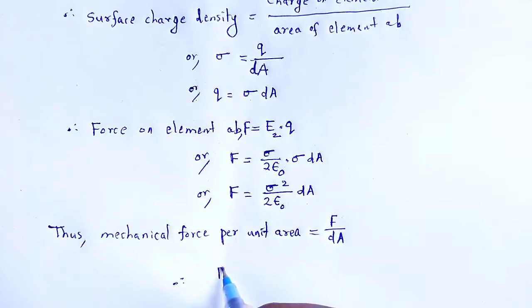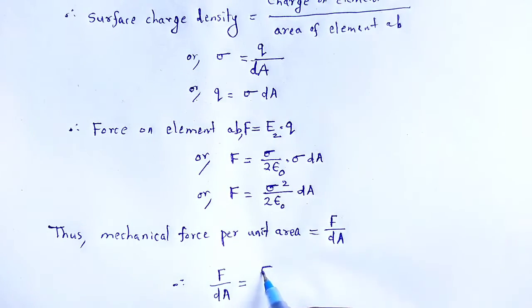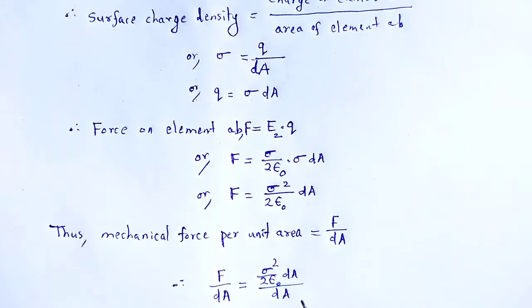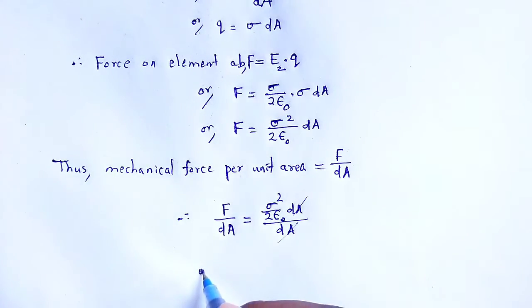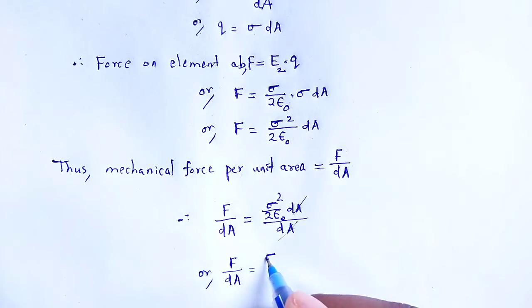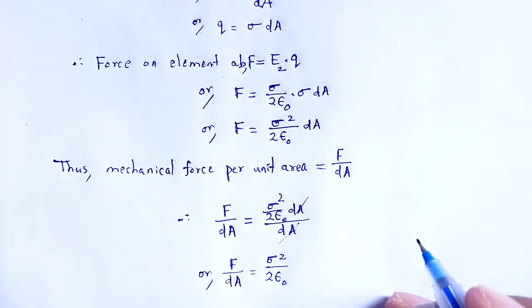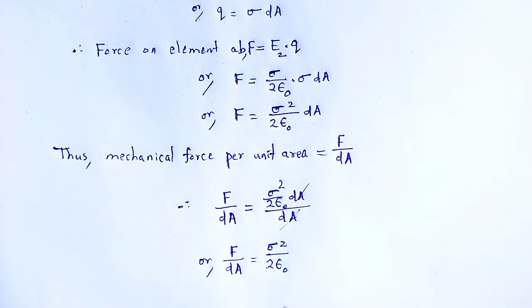Therefore F divided by dA is equal to sigma square dA divided by 2 epsilon naught, whole divided by dA. dA cancels out here. F divided by dA is equal to sigma square divided by 2 epsilon naught. This force per unit area acts normal to the surface of the conductor.